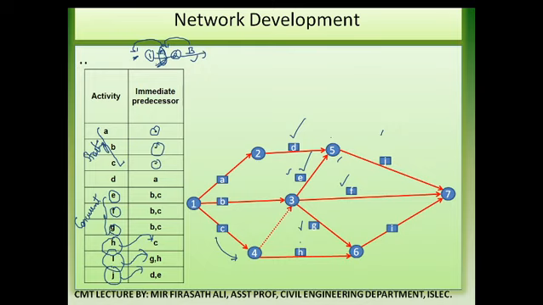What is float? How to calculate the float of the activities. We have different times: earliest start time, earliest finish time, latest start time, latest finish time. Those are network elements that we'll be seeing in our next classes.